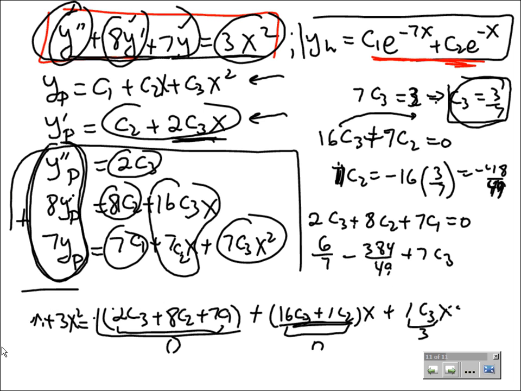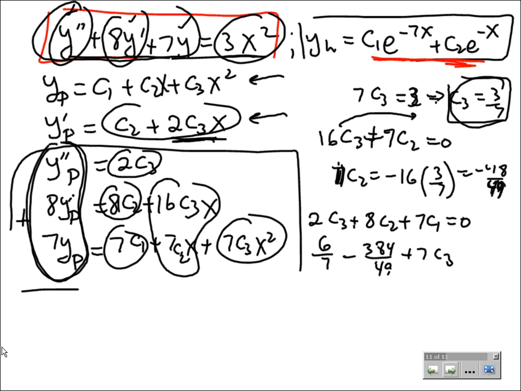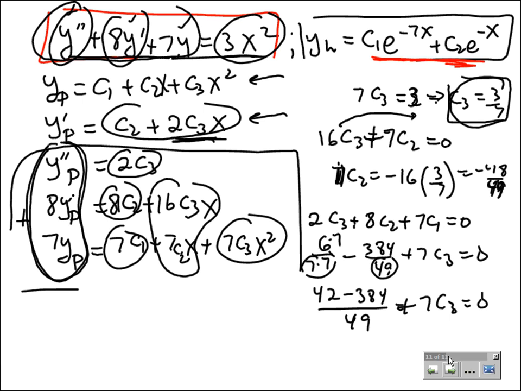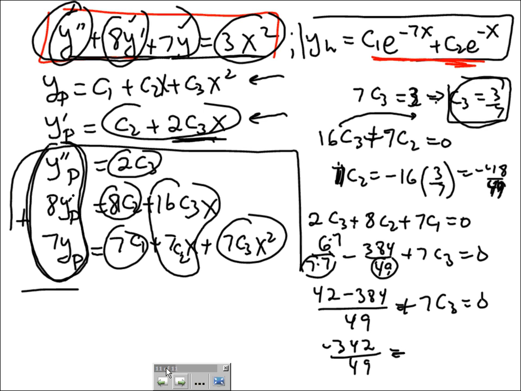Get some more space down and we'll be in business. Now if I multiply top and bottom by 7, this bottom and this bottom will both be 49. So you have 42 minus 384 over 49 plus 7C1 is 0. 42 minus 384, I guess, is negative 342 over 49 plus 7C1 is 0.